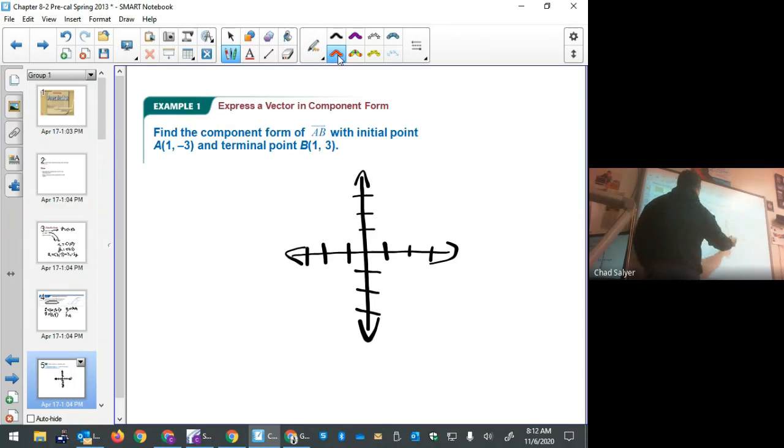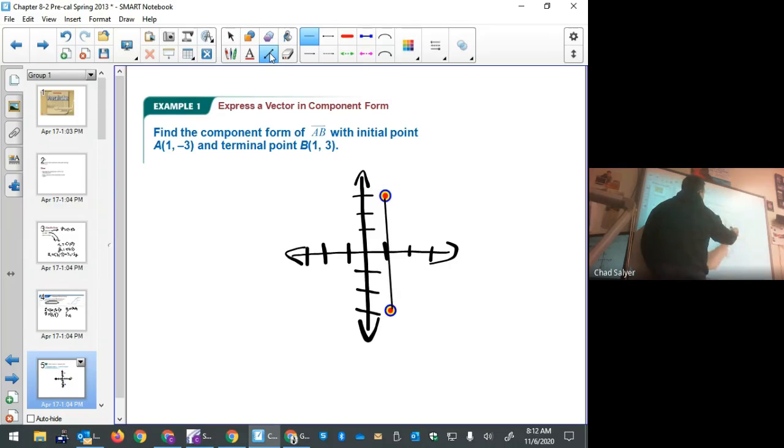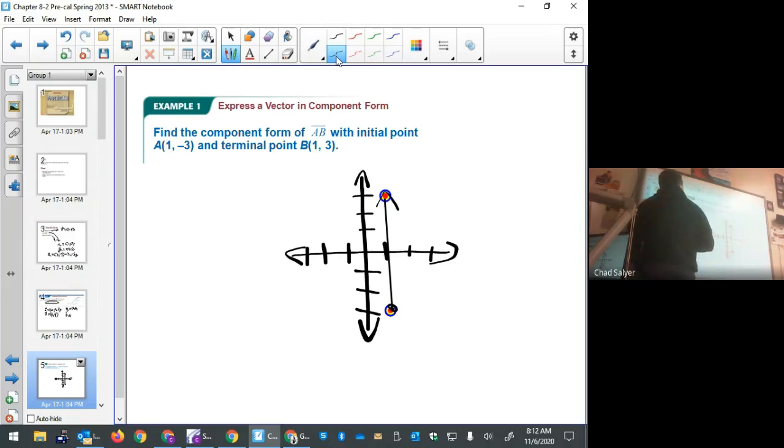They are (1, -3), and then (1, 3). And the vector is going to be between those two. There we go. So that's vector AB, where this is A, this is B.